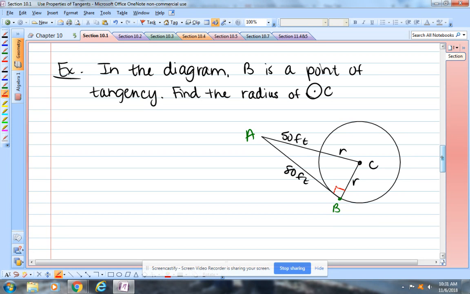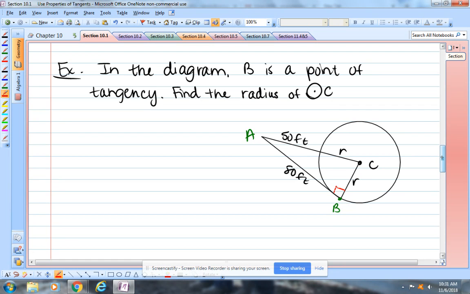Okay, it tells me that in this diagram, B is a point of tangency. What do you think that means for it to be a point of tangency? Sounds fancy, doesn't it?